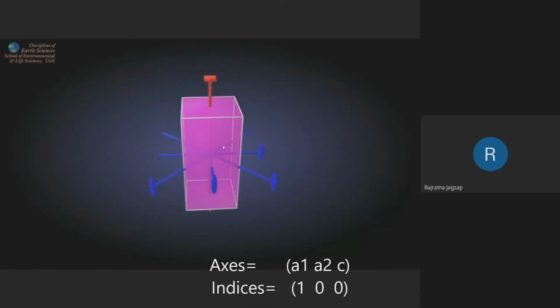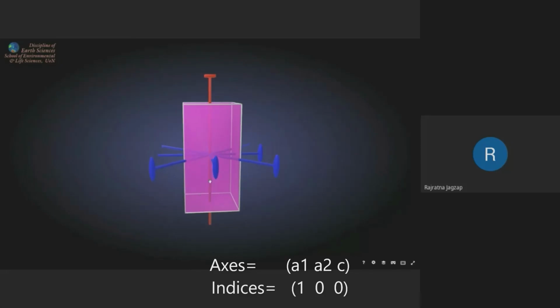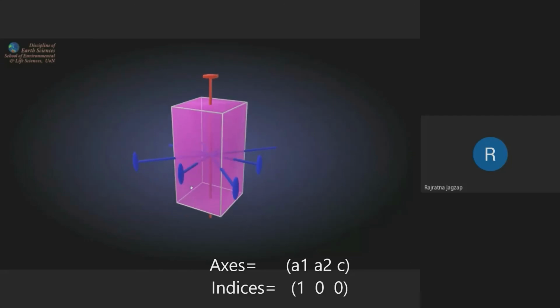What about this prism front face? Its first figure will be 1 because this face is perpendicular to first axis. So its first figure will be 1. The second figure will be 0 because second axis it is parallel. This face is parallel to second axis. And same face is parallel to vertical axis also.